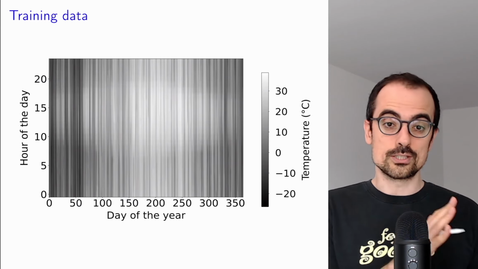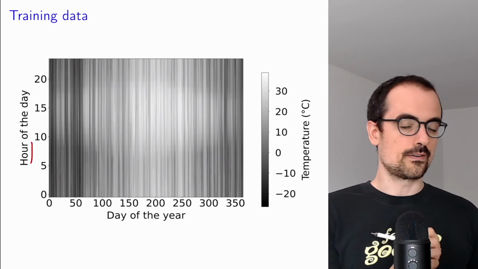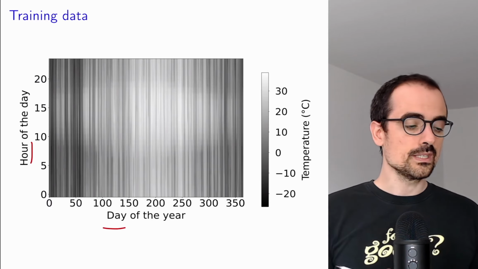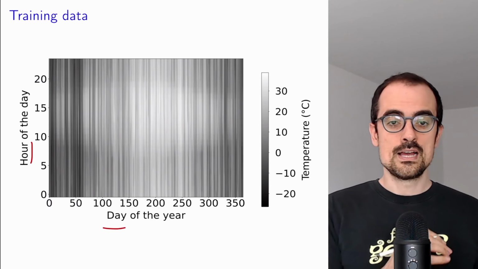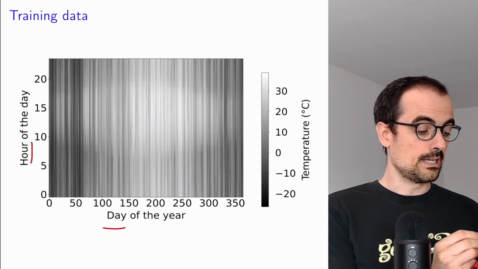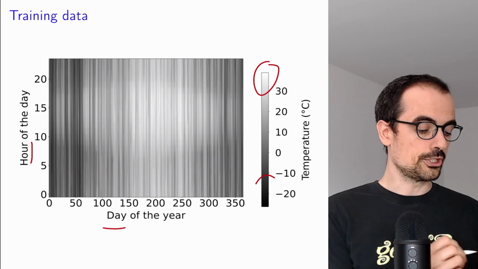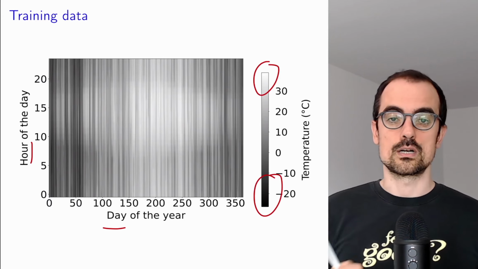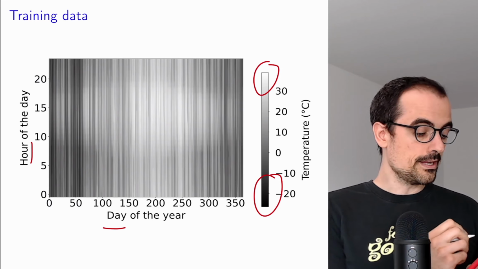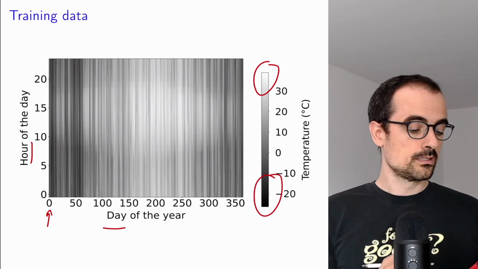So this is all the training data. On this axis is the first feature, which is the hour. On this other axis is the second feature, which is the day. And we have color-coded the response so that high temperatures are white and low temperatures are darker, and the lowest are black. When the day of the year is 0, that means it's the 1st of January.